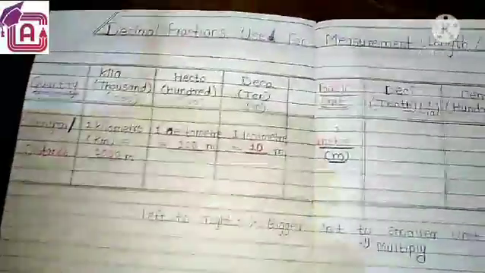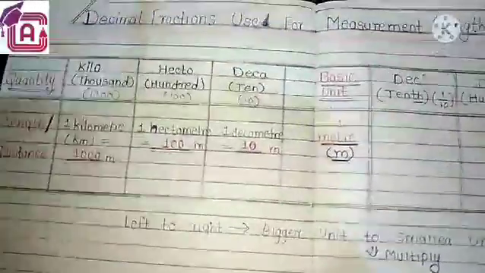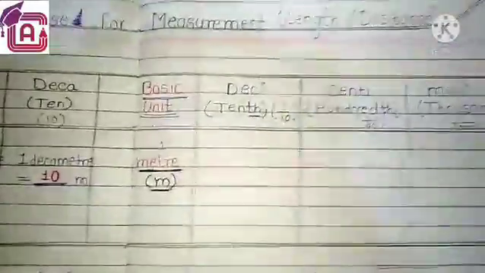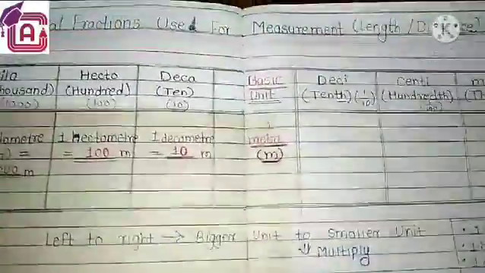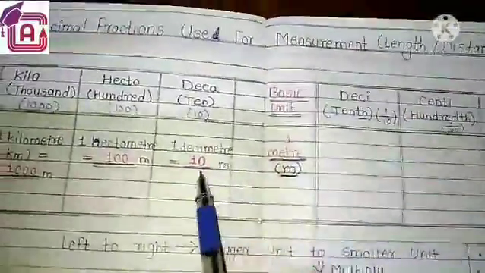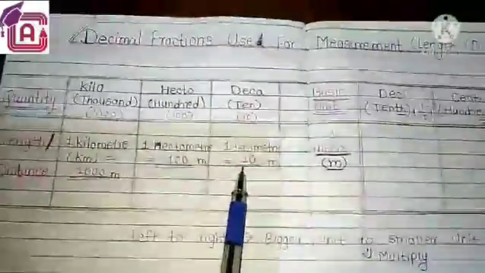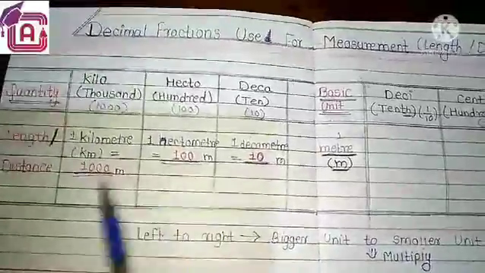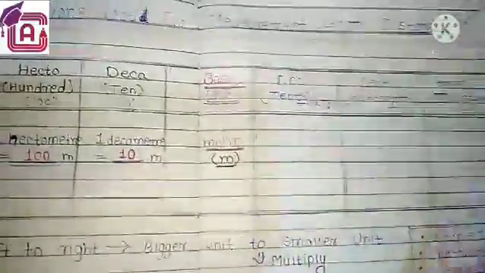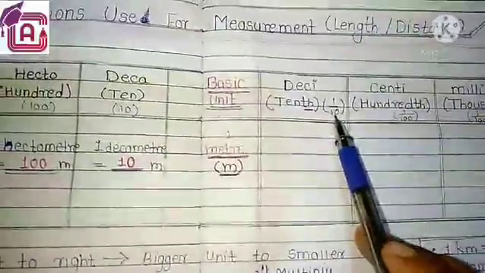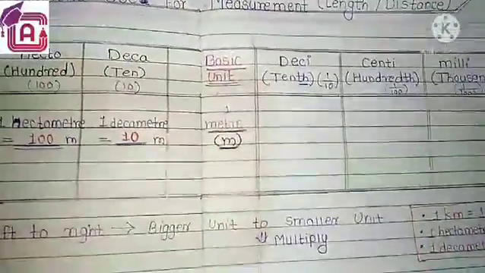So likewise, multiplication operation is performed on the left side of the meter. Now we are going towards the right hand side of the meter. When you are going left hand side, you have to multiply with the 10, 100, 1000, and when you are going towards the right hand side of the meter, you have to perform operation of division, 10, 100, 1000.